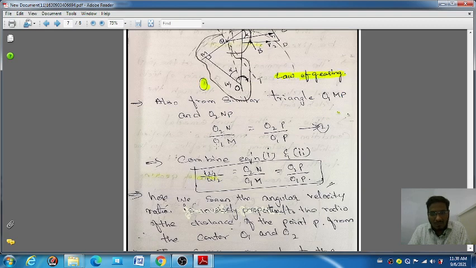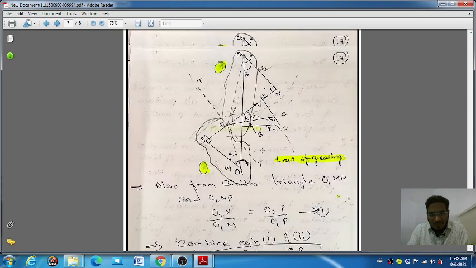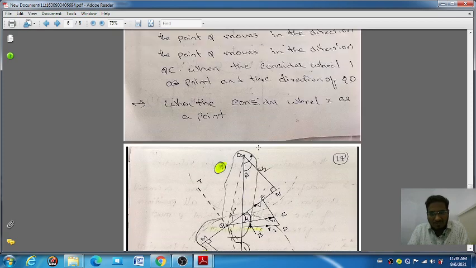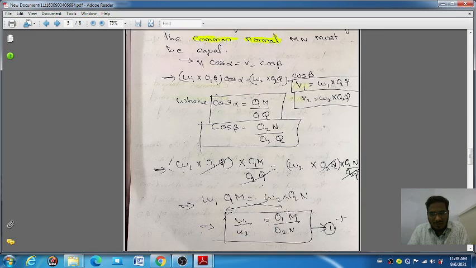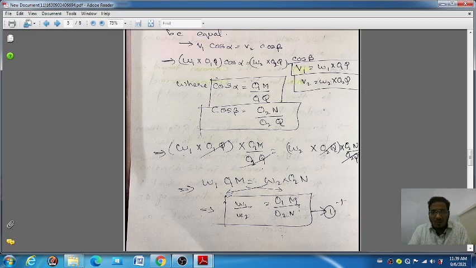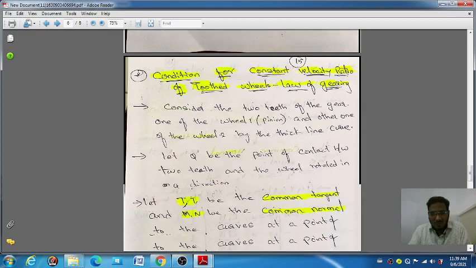O2N by O1M is equal to O2P by O1P. That is equation 2. Then combining equations 1 and 2, O1M by O2N is there in equation 1. Just we have to reciprocate this value, in terms of omega 2 to omega 1, which is O2N by O1M if we reciprocate.